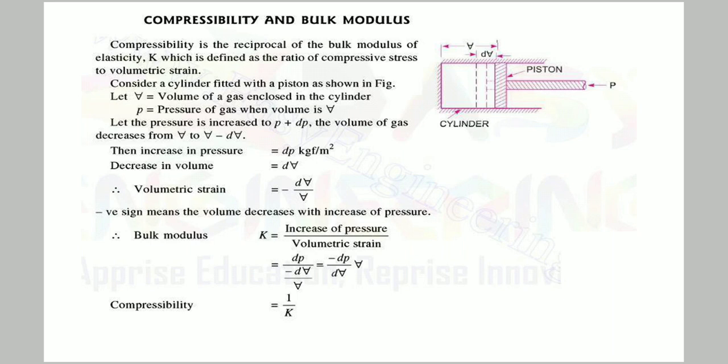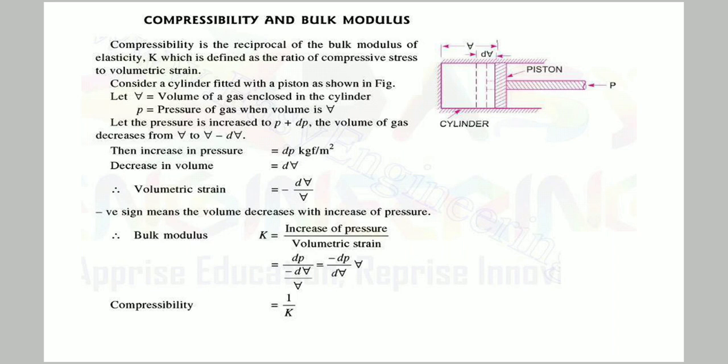Let V be the volume of the gas or the fluid which is closed in this cylinder, and P be the pressure of the gas when the volume is V. And the pressure is increased to P plus dP, that is we increase the pressure by a small value dP, and by application of this pressure, the volume decreases by dV, that is V minus dV.